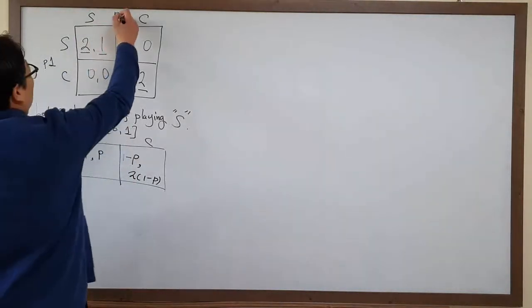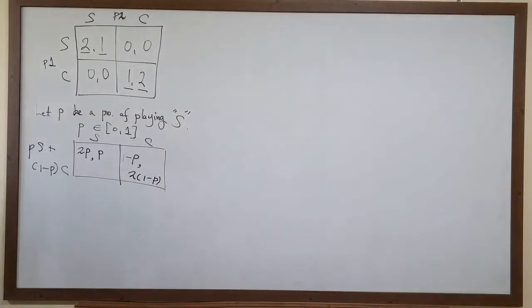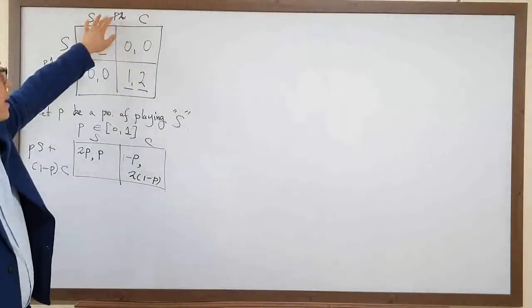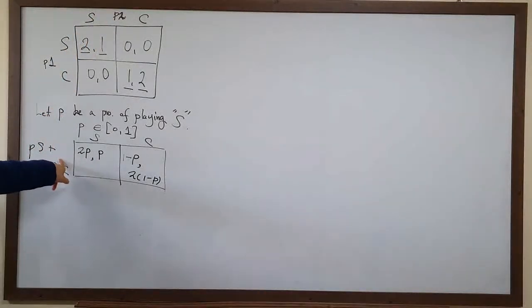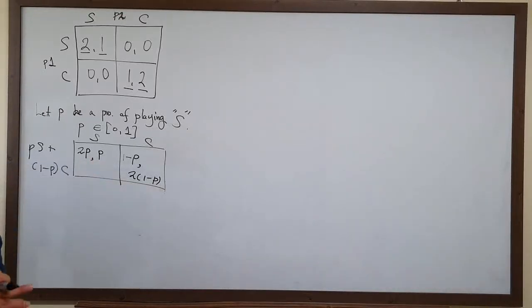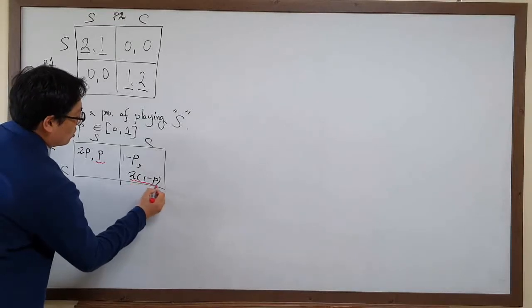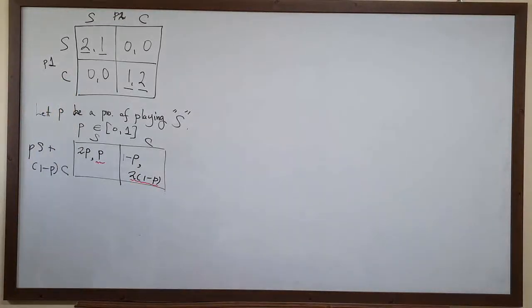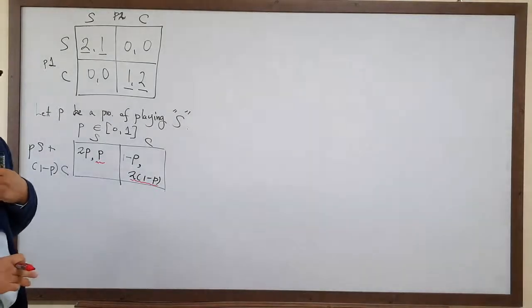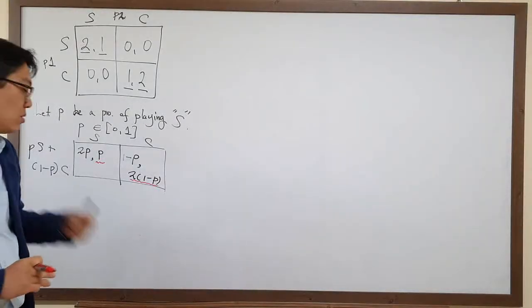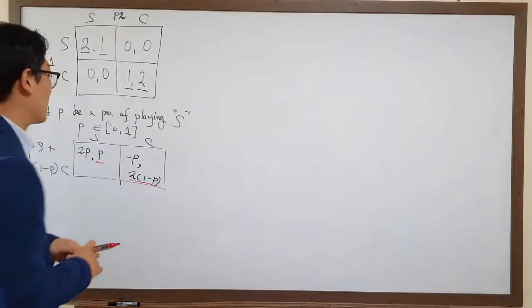This is 2, not 1. Think from the second player's perspective. If this guy is mixing, then this P and 2 times 1 minus P will be my expected payout.